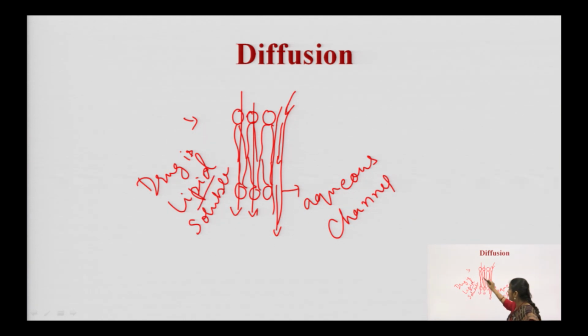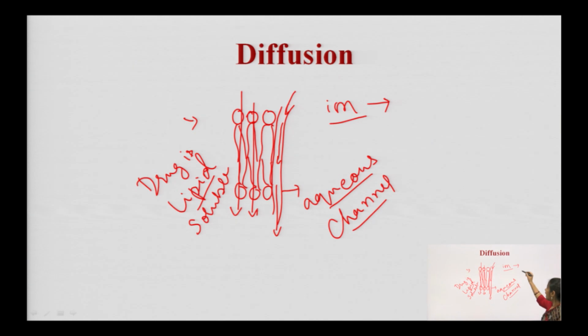If it is lipid soluble, it can cross the membrane. If it is polar, it can go through the aqueous channel. If they are small ions, then they move through the ion gated channels.